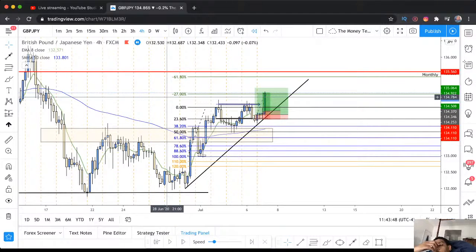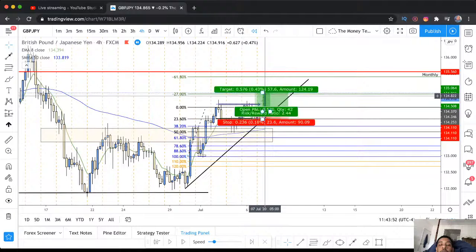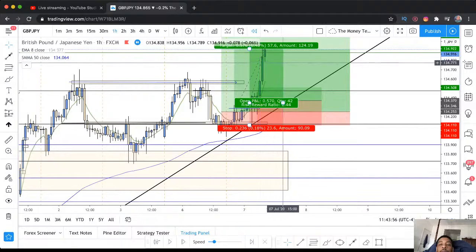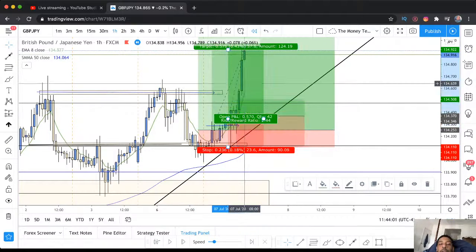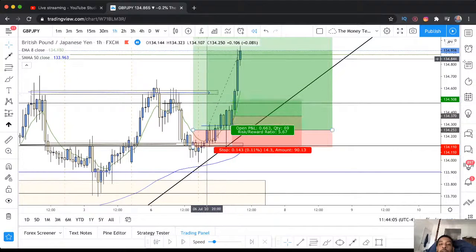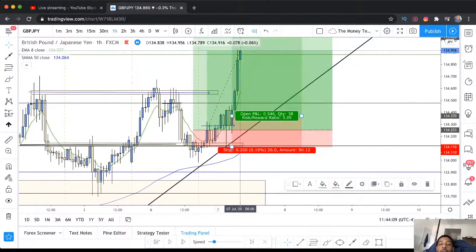Okay, so bam, as you can see, it tapped our first take profit. So I'll take this one off here, the one that I actually tapped, which I think is this one. Take that one off. Damn, both taps. So this one, I want it to be up here.